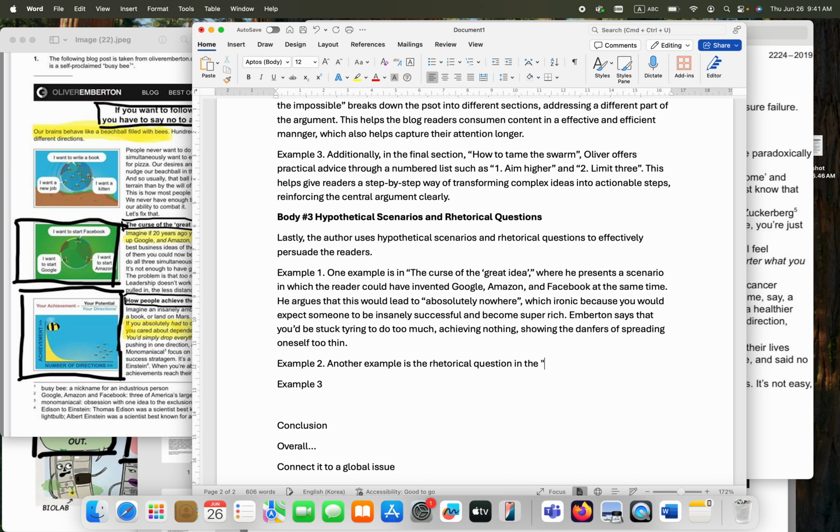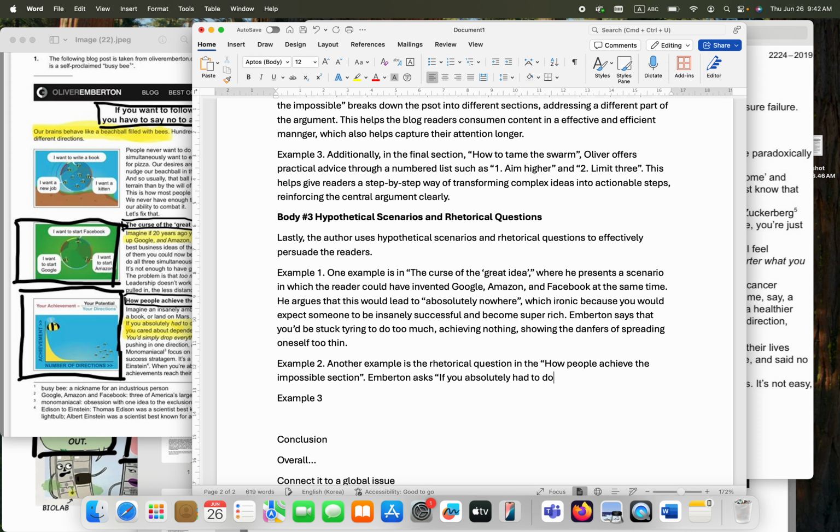In the how people achieve the impossible section, Emberton asks if you absolutely had to do it, how would you? How could you?